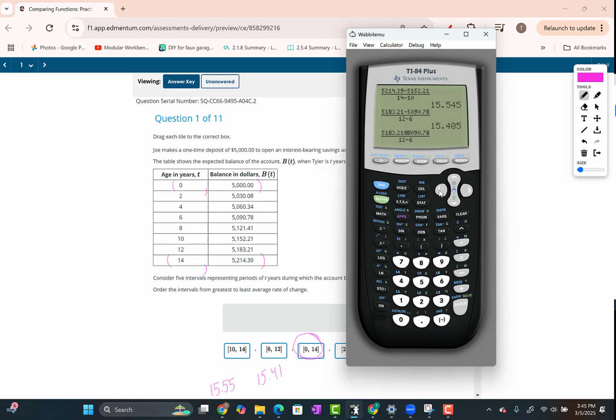So my y2, we're going to say, is the number that corresponds with the 14, $5,214.39, meaning my y1 is just an even 5,000. And on the bottom, it would be 14 minus 0. And we get 15.31.